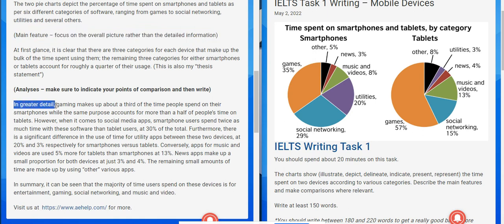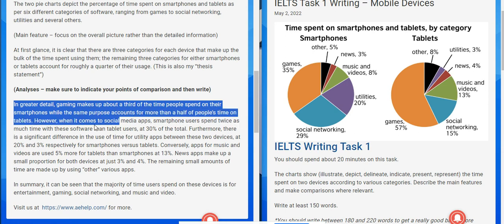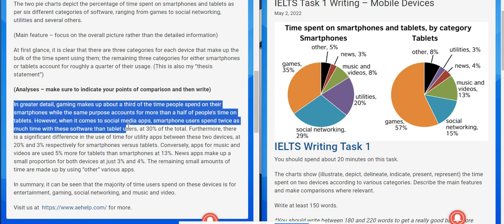In greater detail, gaming makes up about a third of the time people spend on their smartphones, while the same purpose accounts for more than half of people's time on tablets. However, when it comes to social media apps, smartphone users spend twice as much time with this software as tablet users, at 30% of the total.